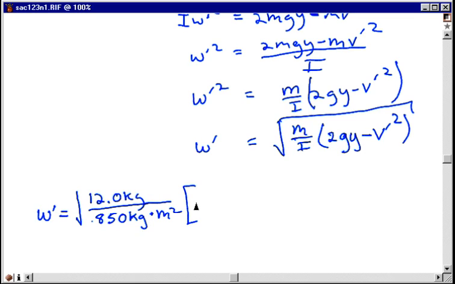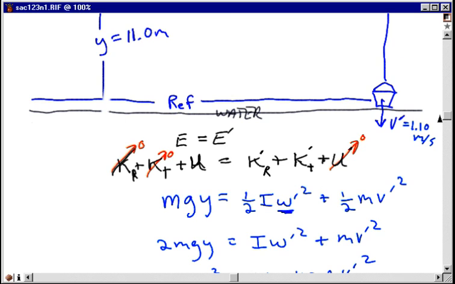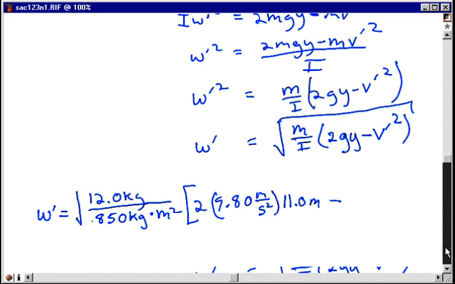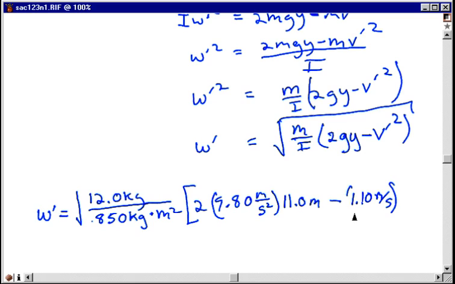And at 2 times 9.80 meters per second squared times the y was 11 meters, and then minus v prime, 1.10 meters per second, squared.